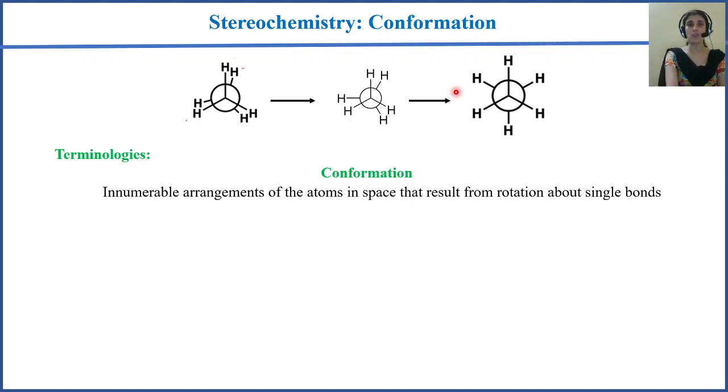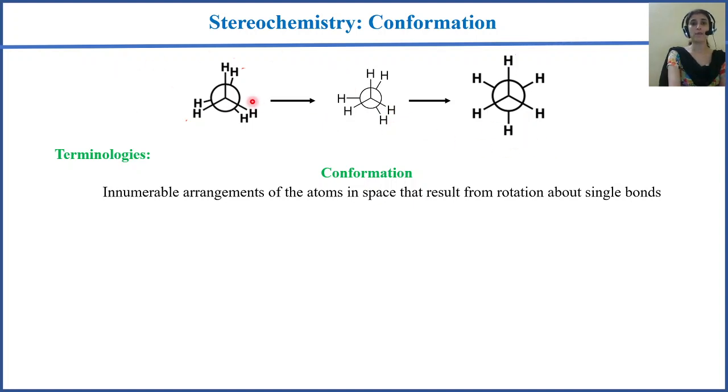You know from your earlier stereochemistry that configuration is fixed, but conformations are an innumerable number of possible arrangements of atoms in space. So you are well aware that conformations can be innumerable.